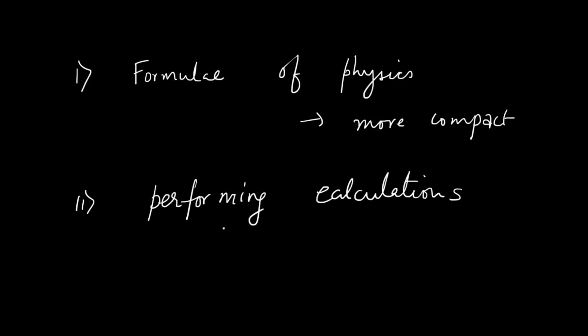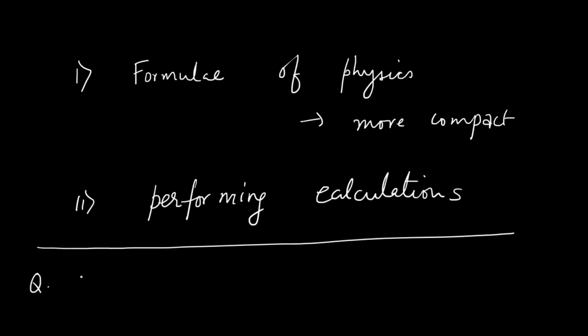So this is our immediate concern, but if you look beyond this, one can ask a deep question as to why we are able to represent the formulae of physics with this vector notation.